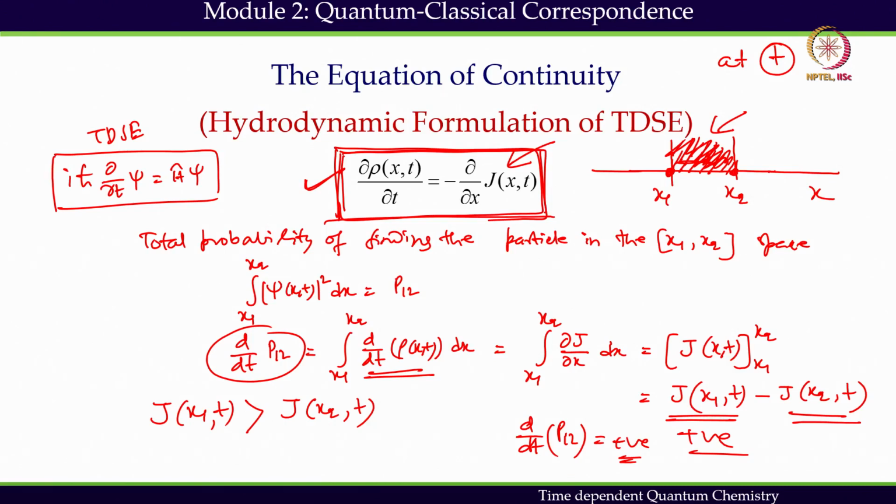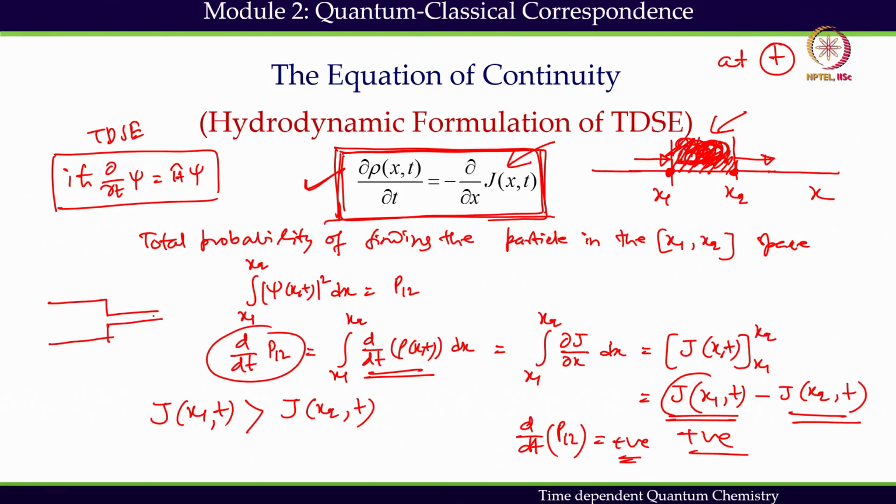But if they are different, and we assume the current entering the space and the current exiting the space are different, then there will be probability accumulation in this regime. That is exactly the meaning, transferred from fluid dynamics.